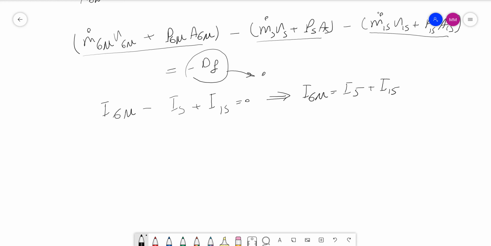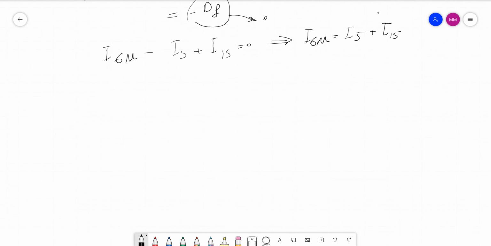So what we are going to do is assume that this is the case. This is what's going to happen. And eventually you're going to see that we are going to introduce a correction factor that is going to take into account the effects of the pressure loss due to friction, right?